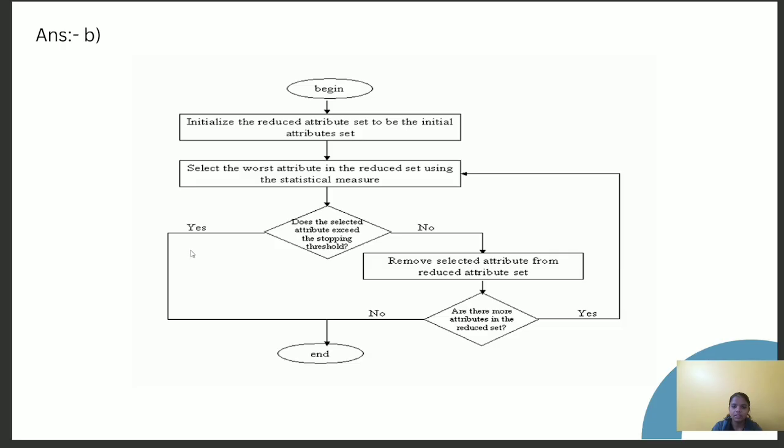If yes, then we move here, and if it is no, then we remove the selected attribute from the reduced attribute set. Then: are there more attributes in the reduced set? If yes, then we again select the worst attribute in the reduced set using the statistical measures and repeat this method. If no, then our program ends here.